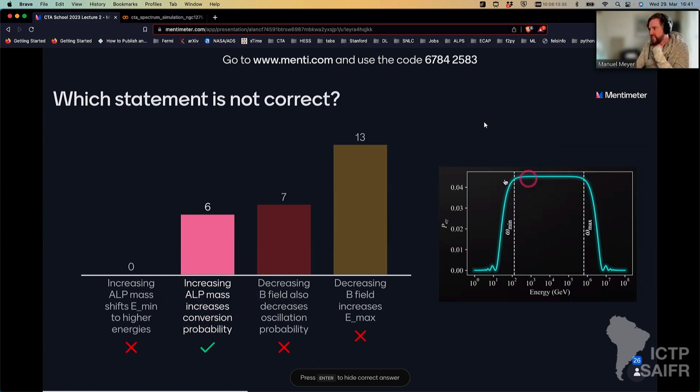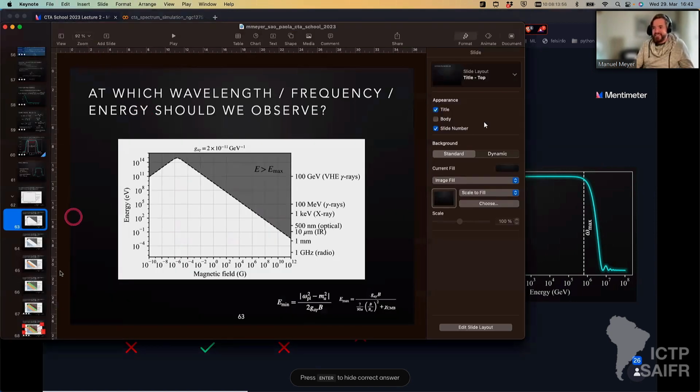But the conversion probability here is independent of the ALP mass. It doesn't matter. The height of the oscillation probability does not depend on the mass. The mass only says where this minimum energy is. This is important. Okay, so a lot of things to think about. Okay, so let's continue.